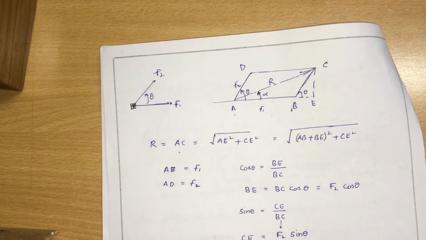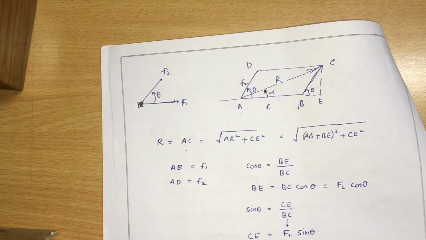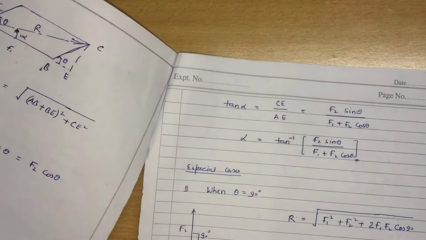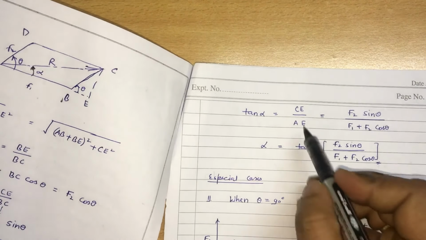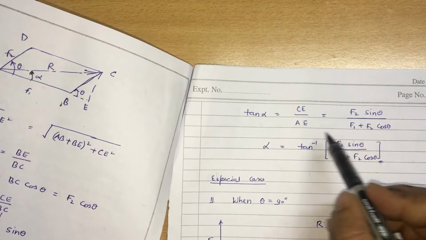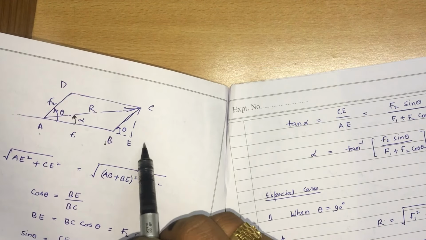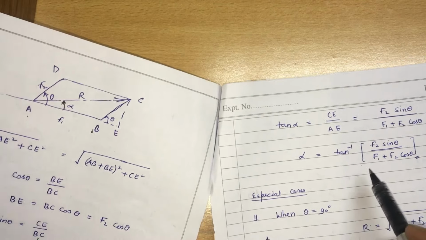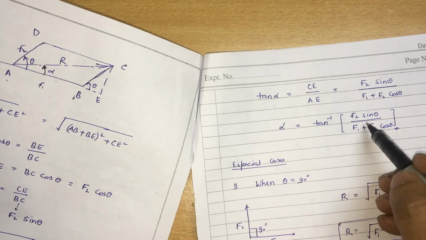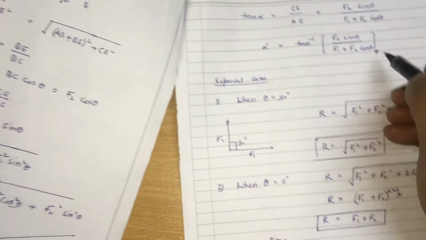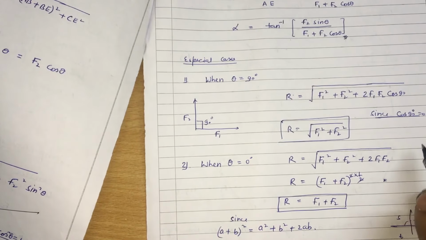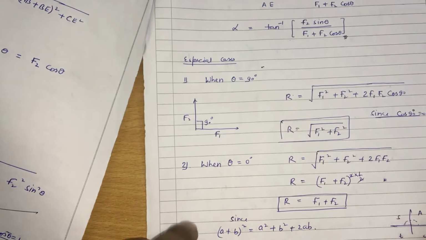So CE is equal to F2 sin theta, and AE is equal to F1 plus BE, and BE is equal to F2 cos theta. So alpha is equal to tan inverse of F2 sin theta over F1 plus F2 cos theta. This is the relation, and some special cases are also there, you can remember or not remember, no problem.